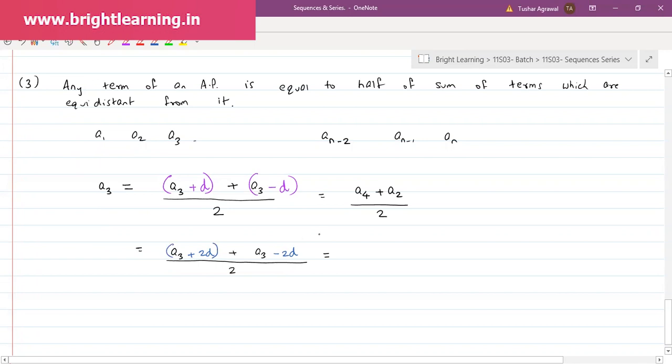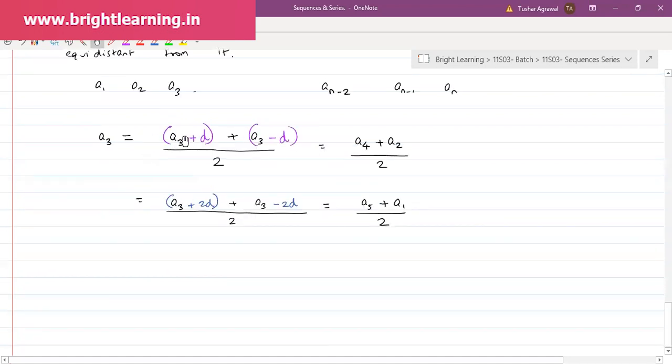The term 2 units succeeding is A5, and the term 2 units prior is A1, upon 2. Okay, got it? So this is the result. If you go 2 units backwards and 2 units next, half of that will be the term that you started from. Is this result clear, what I'm trying to say?